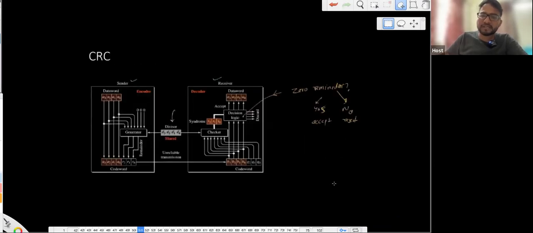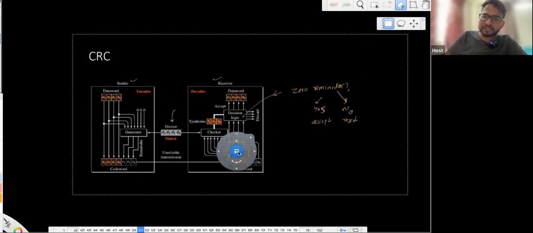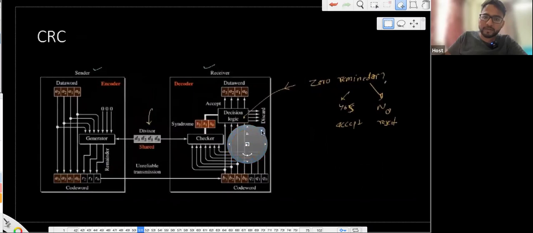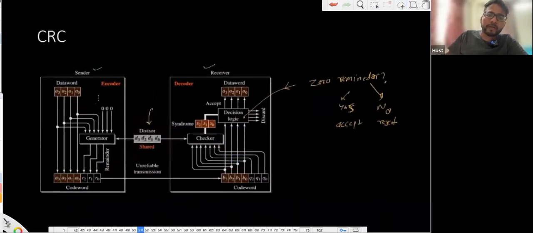So let's see how to calculate a CRC for any given data word. Suppose some data is given to you. These are the same slides that we had earlier. Then, based on the generator, you will add some parity bits. Suppose the generator has a length of 4.